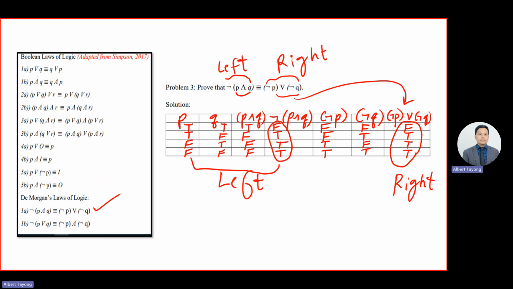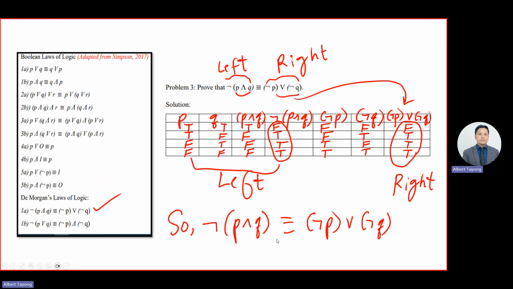We have F, T, T, T here and F, T, T, T there. So not the quantity P and Q is equivalent to not P or not Q. We have proven that the truth values on the left are equal to the values on the right.